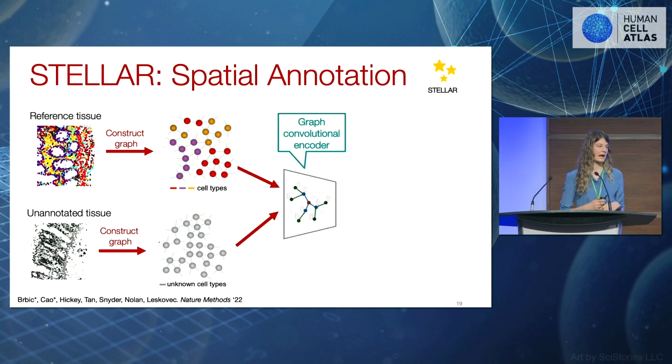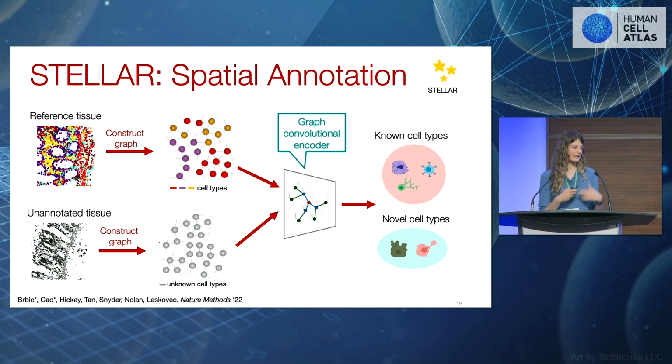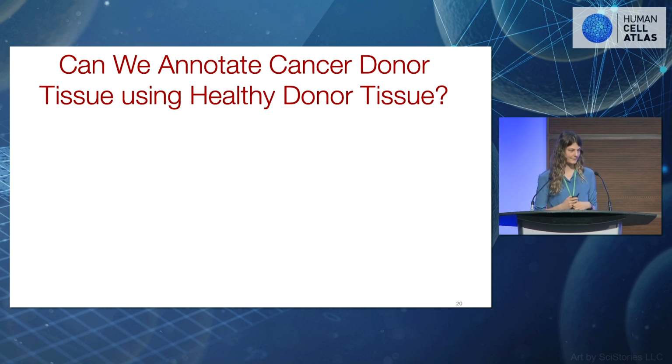And then using graph neural networks, we learn the embeddings of the cells that capture both the cell neighborhood similarity as well as the molecular expressions. And then finally, using this open world semi-supervised learning paradigm, Stellar is able to say whether cells belong to the previously seen cell types in the reference label data or discover novel cell types.